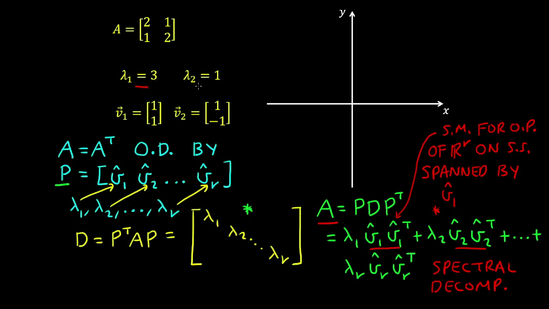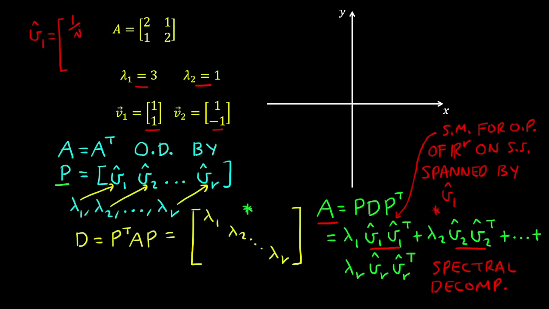So first you find the eigenvalues, and then the basis vectors for the eigenspace corresponding to each eigenvalue. And these vectors will be orthogonal. And then we normalize these vectors, so we get v1 hat is 1 over the square root of 1 squared plus 1 squared.